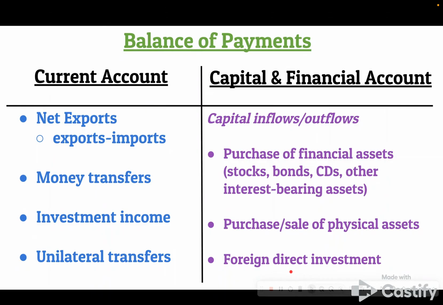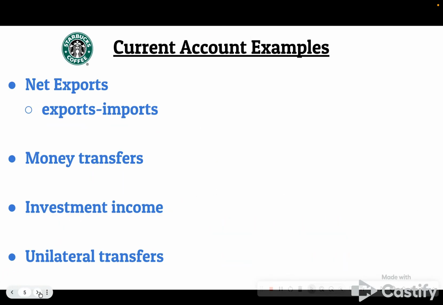I have to do all the things that I would have to do to build a physical building in another place. And that's what foreign direct investment is. So these are really interesting financial moves that happen across country lines, and we keep track of them in something called the CFA. So these are the two accounts, and I just want to show you some examples.